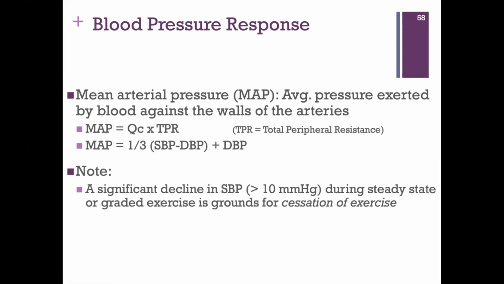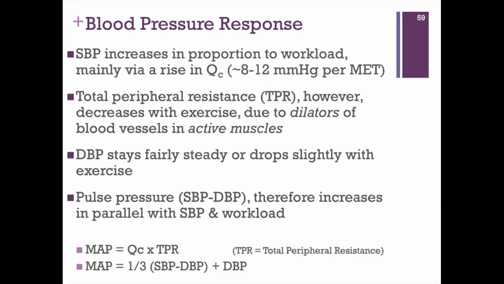Now, just as a note, and this is something for us to know as exercise professionals, if we're ever in a lab setting and are measuring blood pressure as somebody is exercising, if they experience a significant drop in their systolic blood pressure, like more than 10 millimeters of mercury, this is grounds for stopping exercise because there is something at risk with their blood pressure dropping during exercise.